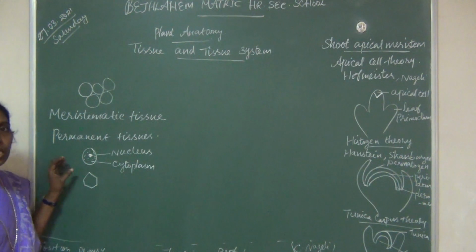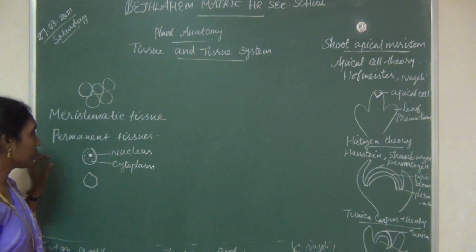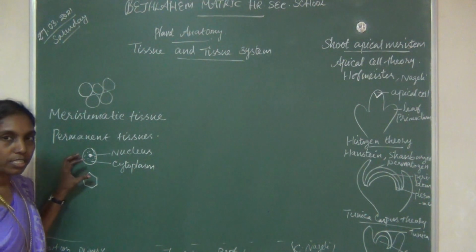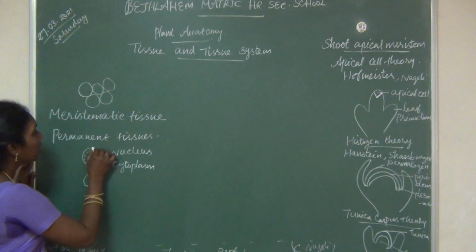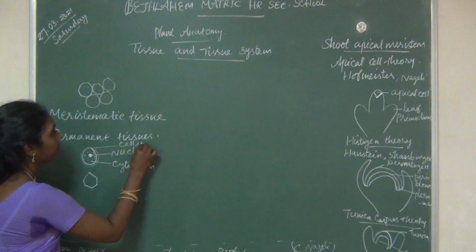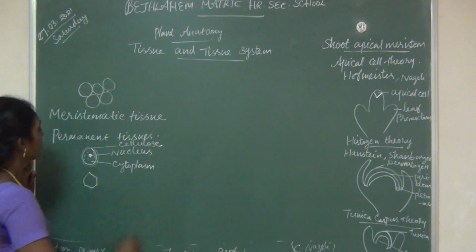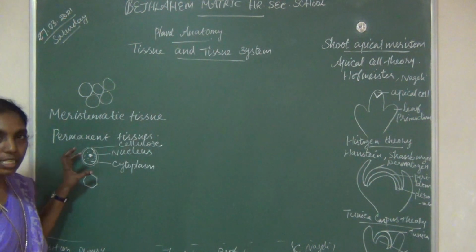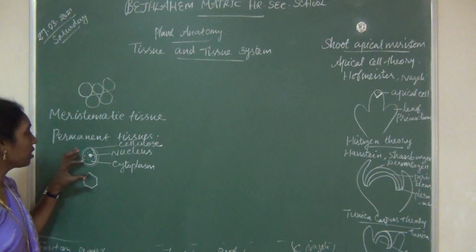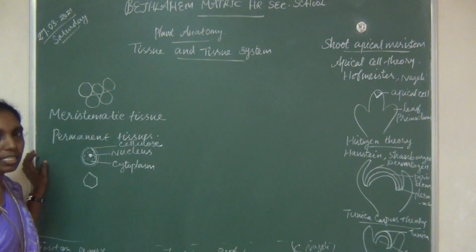A prominent nucleus and dense cytoplasm, which consists of a cell wall. The cell wall is made up of cellulose, which is elastic, and the cells are isodiametric cells.